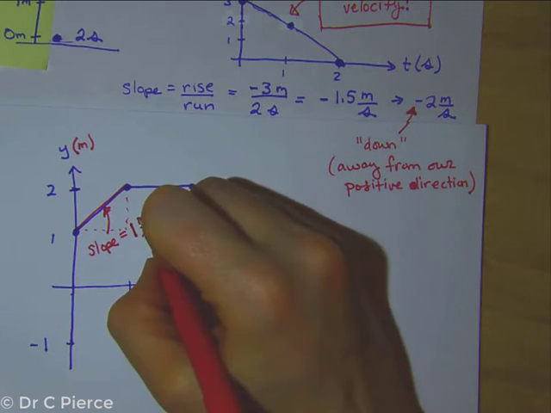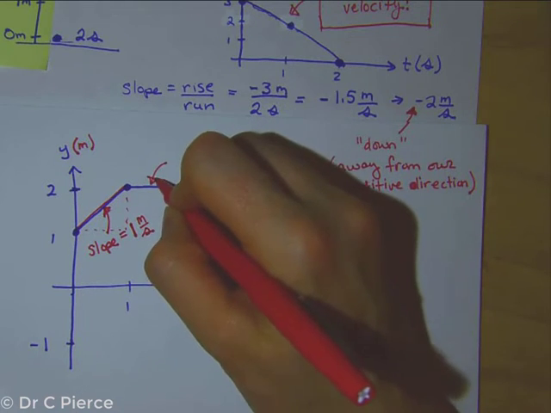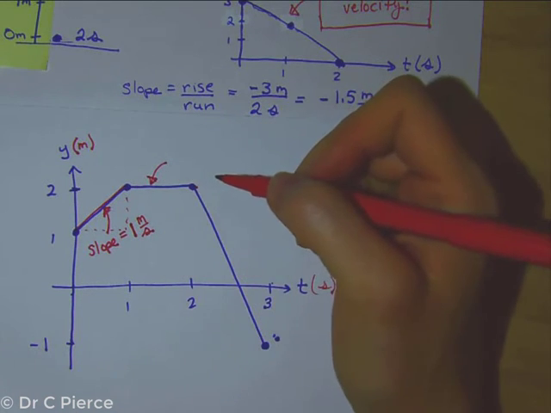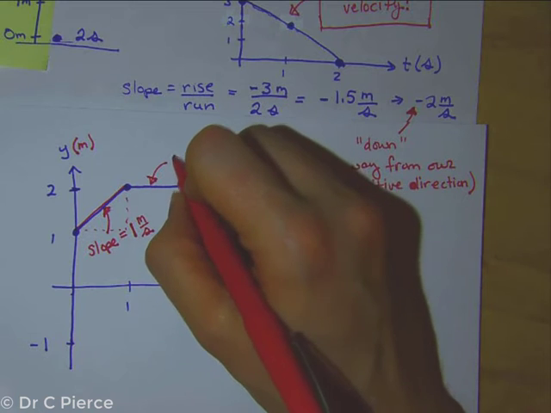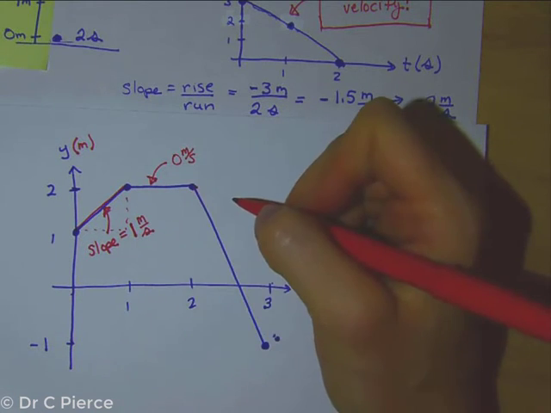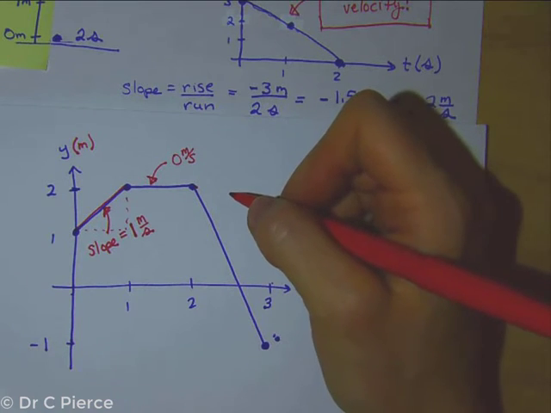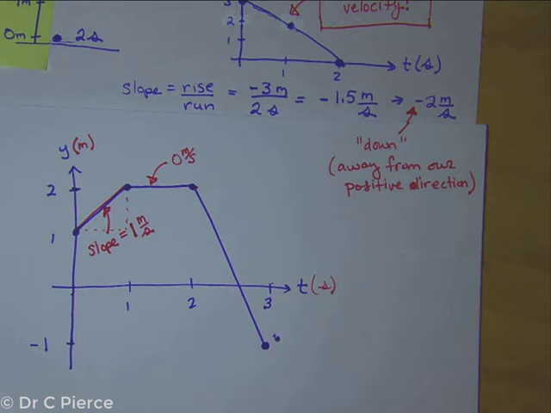So 1 meter per second. The slope of this segment is 0, flat. So from time 1 to time 2, the object wasn't moving. It had a velocity of 0 meters per second.